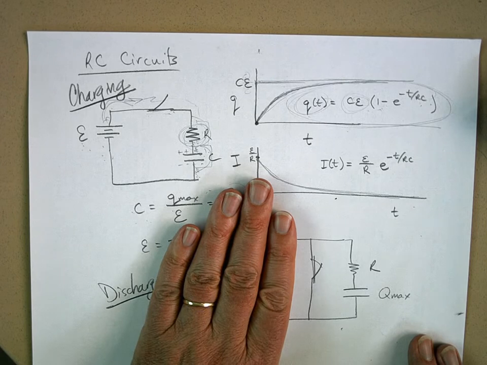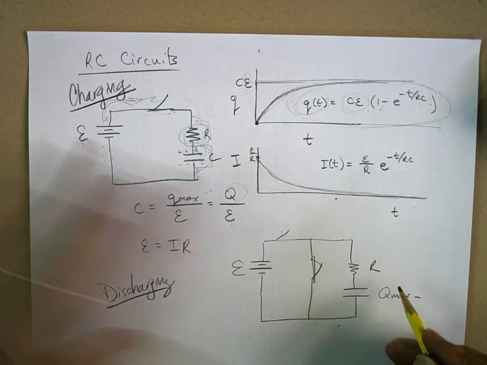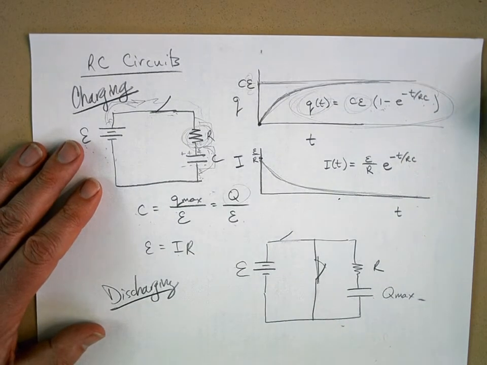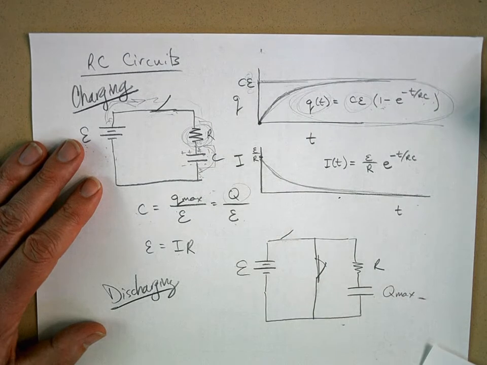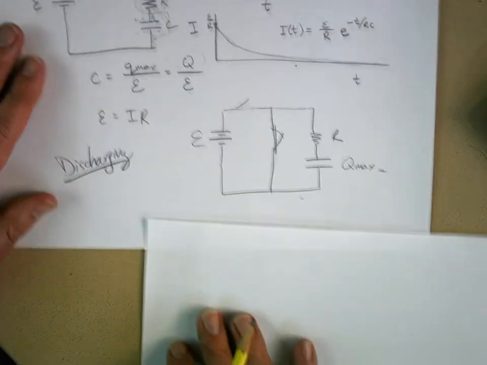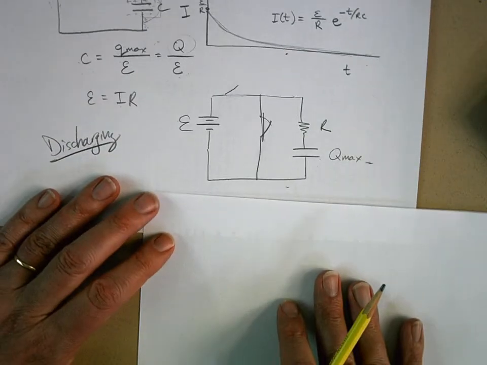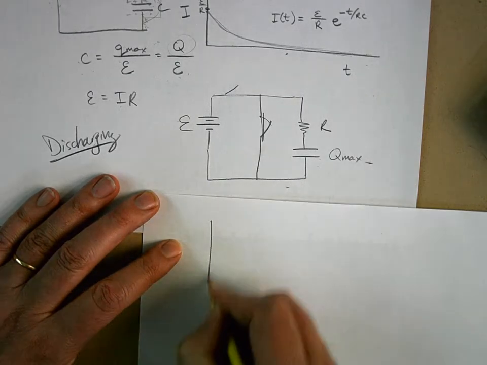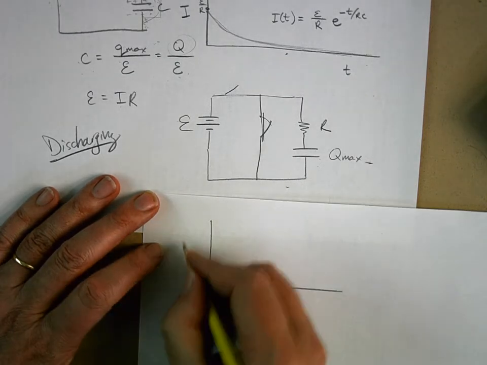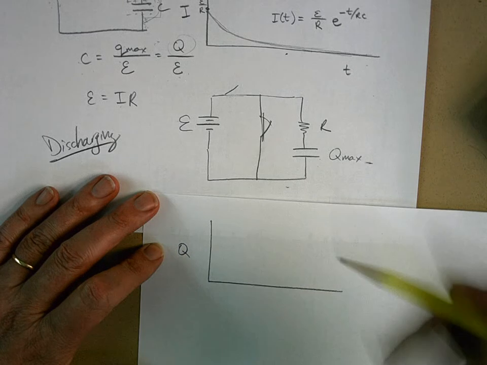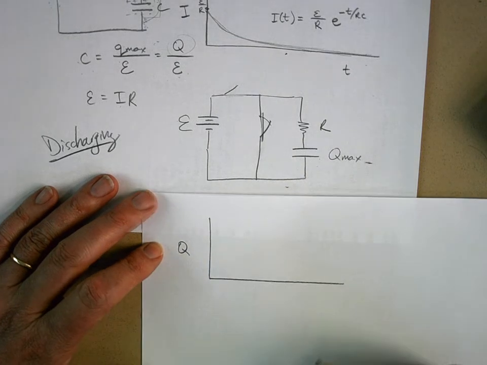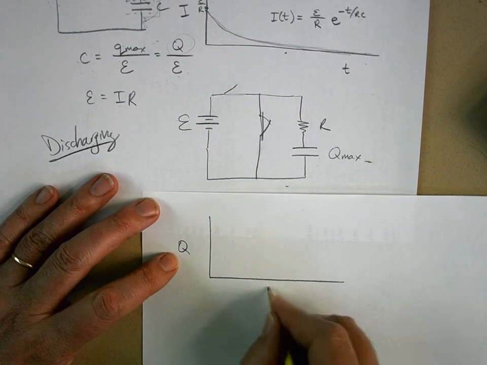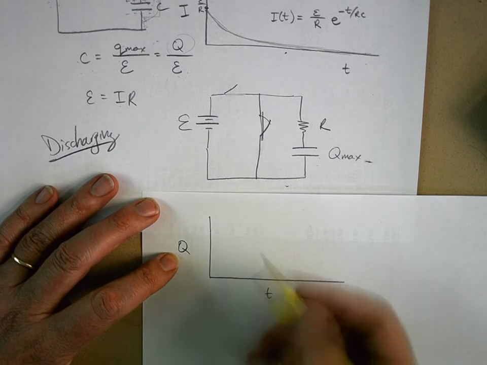How is the charge on the capacitor going to change with time? It's easy, you guys. Think about this. If you know it's going to be an exponential, and RC circuits are always exponential with time, you're going to say, well, this is time. It's going to start at its maximum, Q max.